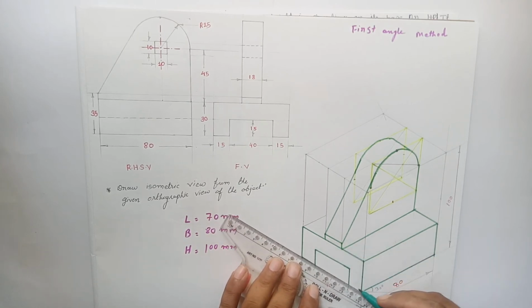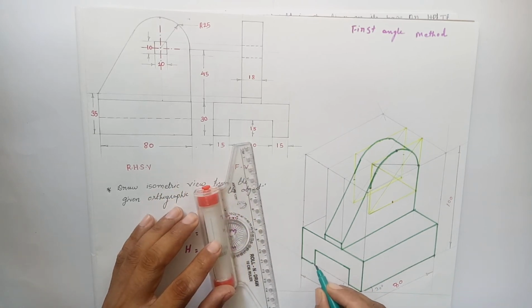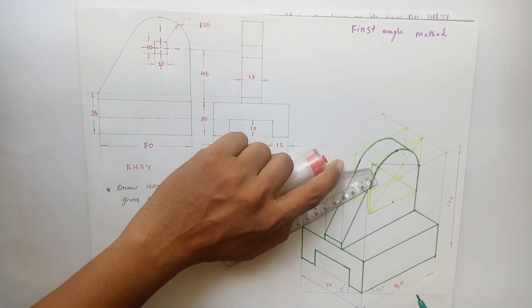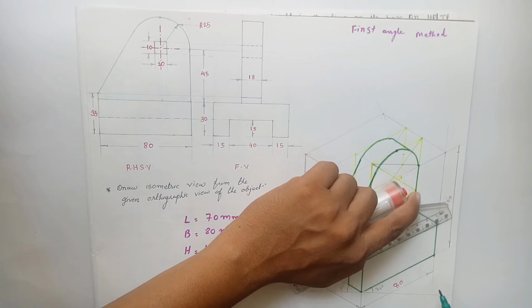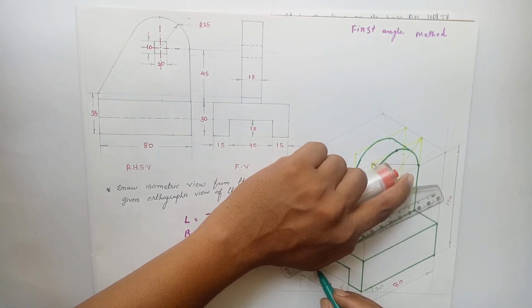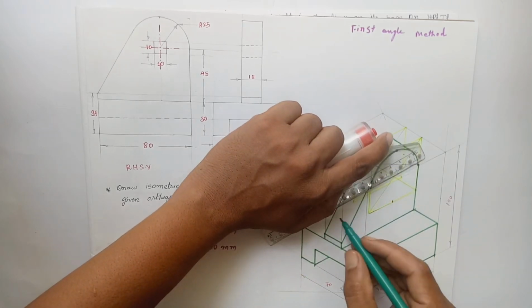Complete this object like this. Now here we have to draw an edge formed from this corner also, parallel to this particular edge, or this particular edge from this corner, like this.